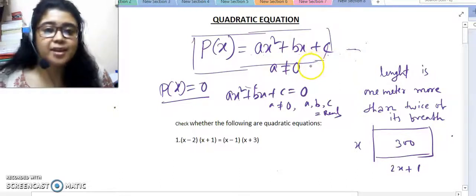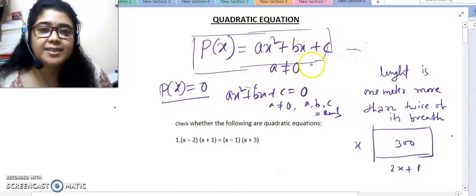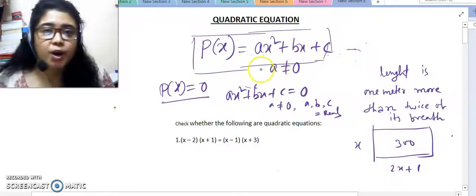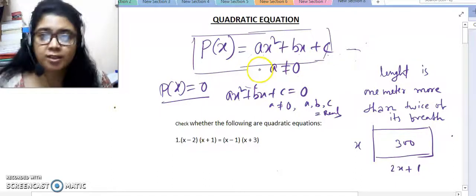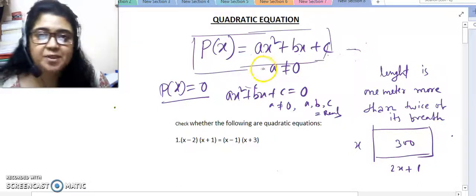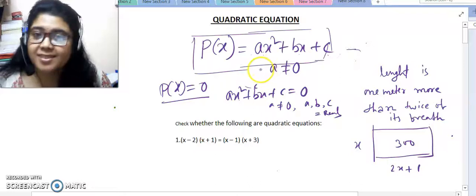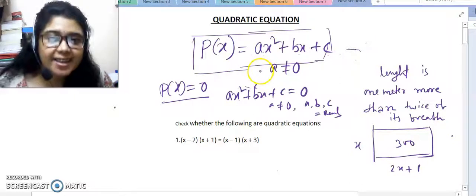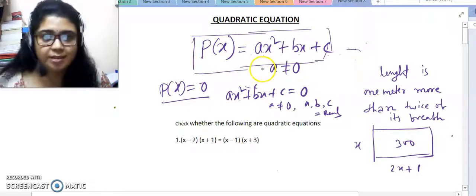Now friends, we should know the practical value or application of the quadratic equation. See, in our sports, in our defense system or missile launching, puzzle solving, to find the area, length, breadth, we need the quadratic equation.